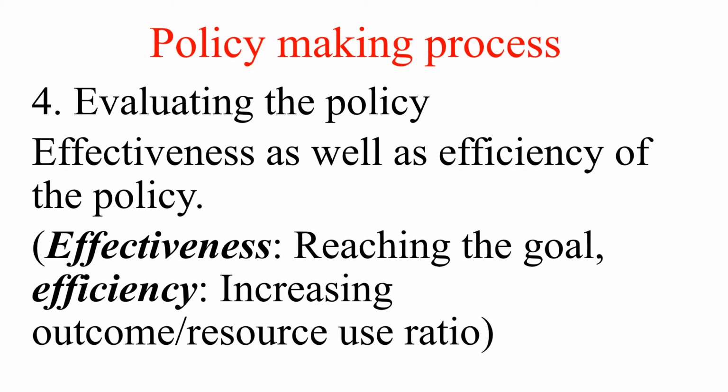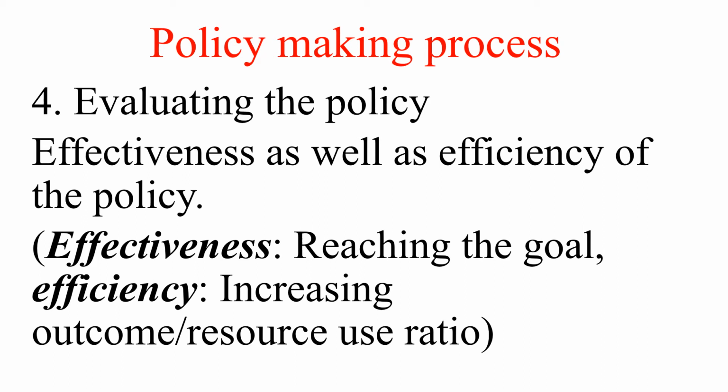Effectiveness simply refers to reaching the goal, and efficiency refers to increasing the outcome per resource use ratio. In other words, it means either performing the same way by using less resources, or using the same amount of resources but improving the outcome or productivity.